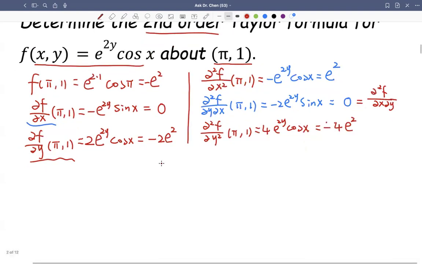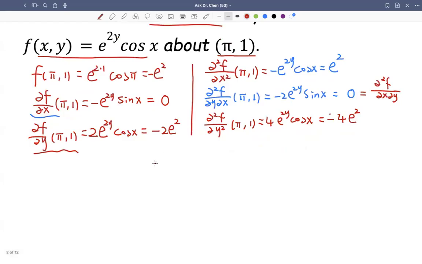Now with all these values, we can plug into our formula. So let's write in blue color. We want to evaluate, let's say, x plus h. Not really plus h, because we know this value in this case. We want to evaluate this about (pi, 1).